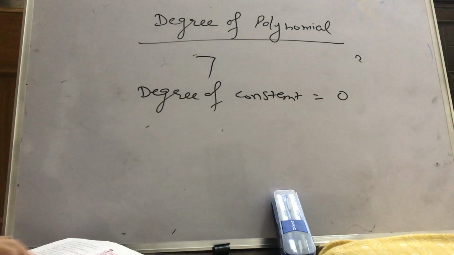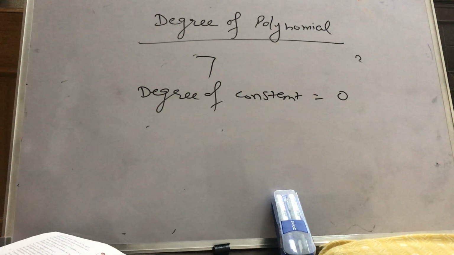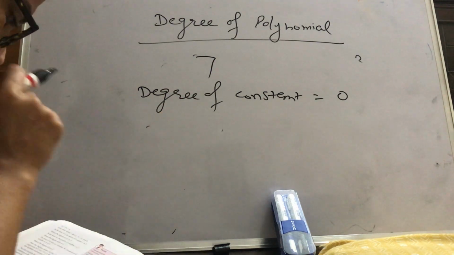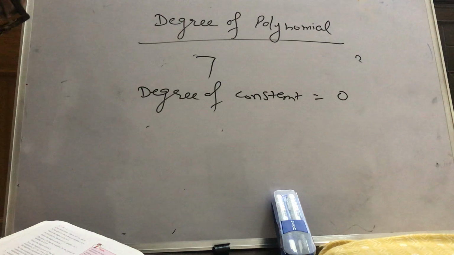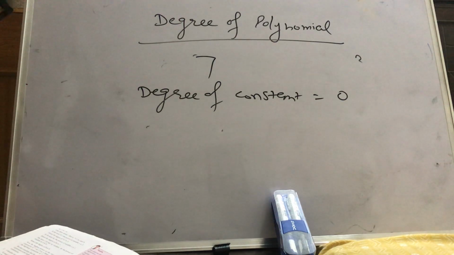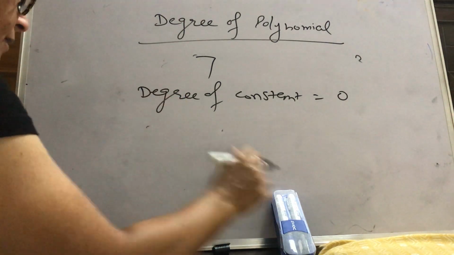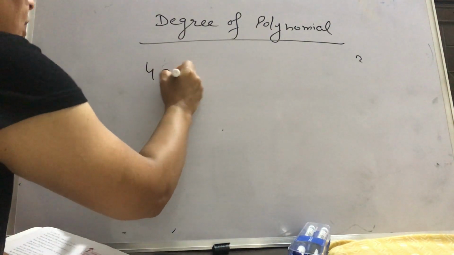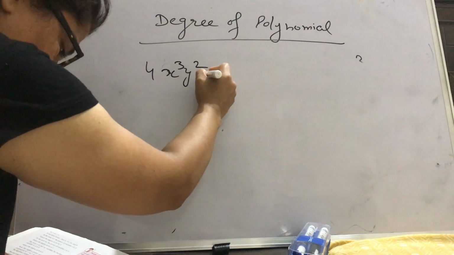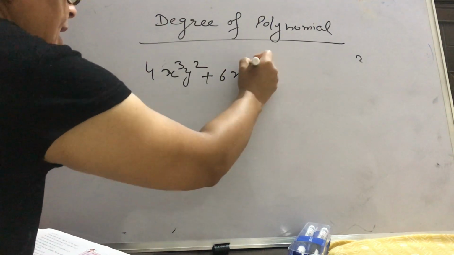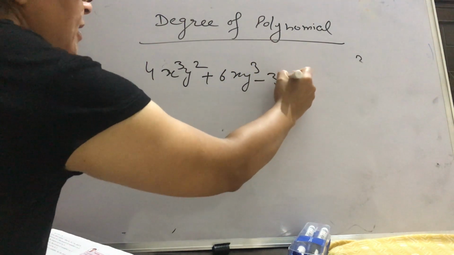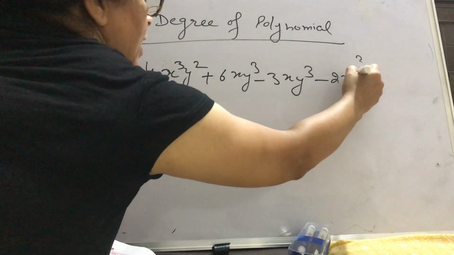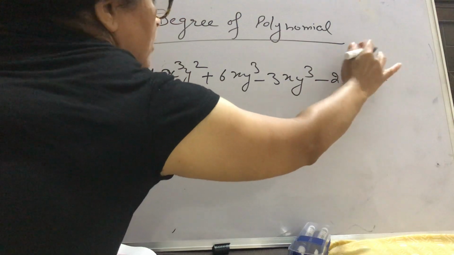Now how to write any polynomial in the descending order? As I give you the polynomial 4x cube y square plus 6xy cube minus 3xy cube minus 2x square y square z square.